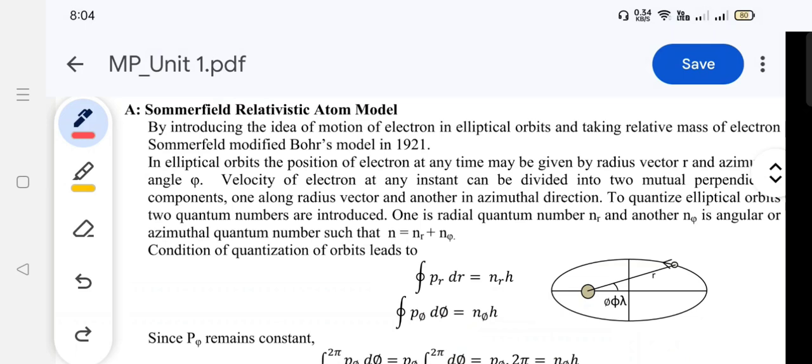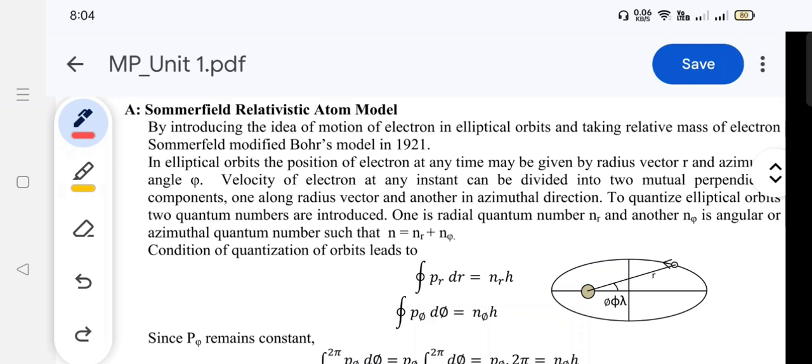Coming to the Sommerfeld relativistic atom model, Sommerfeld modified Bohr's model by introducing elliptical orbits in place of circular orbits and also taking into consideration the relativistic mass of the electron.